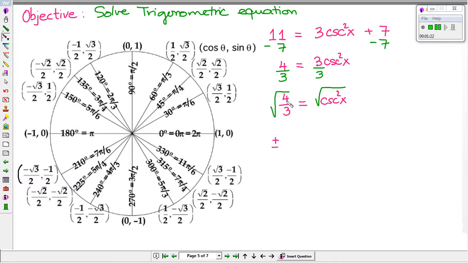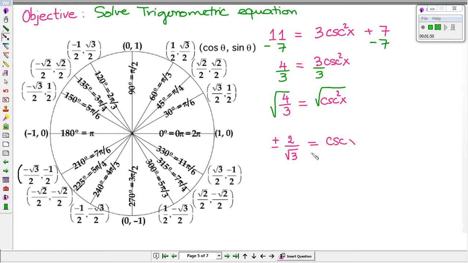When we take the square root of a quotient or a fraction, we take the square root of the numerator, which will be 2, and the square root of the denominator. So now on the right hand side we have cosecant of x. No more exponent.